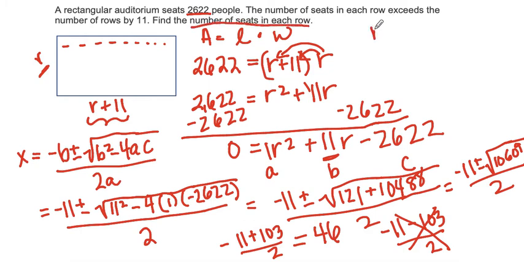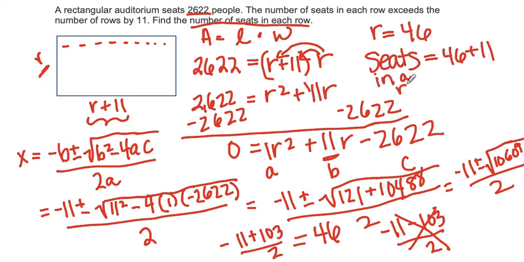The number of seats in each row is R plus 11, so we just do 46 plus 11, which is 57. So this would be our answer.